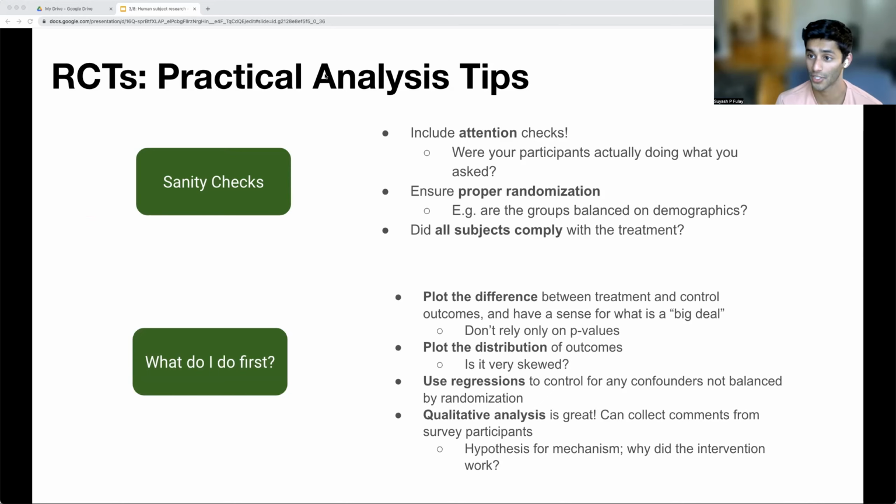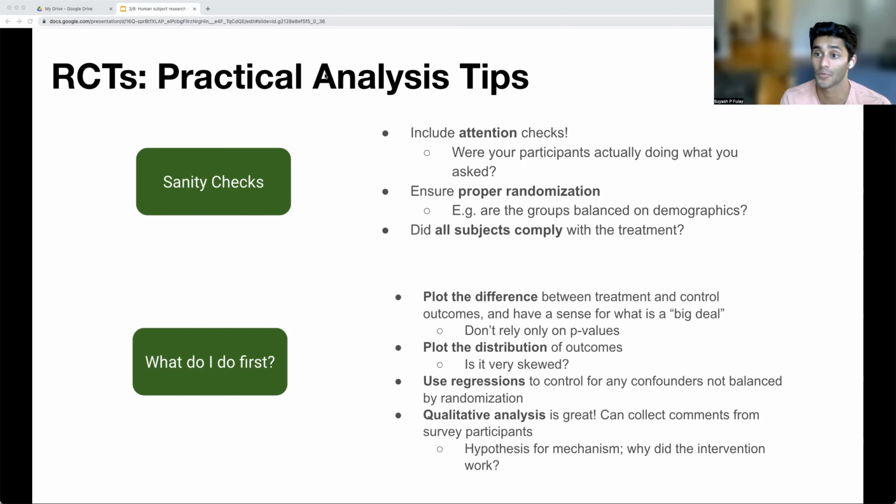Let's say on average the tasks take 10 minutes, and the effect size we see is 2 seconds. That might be statistically significant depending on how many people you had in your study, but you have an intuition that okay, 2 seconds is not a huge deal. And so it's important to have a notion of what is a big effect and what isn't, so you can properly frame your results.